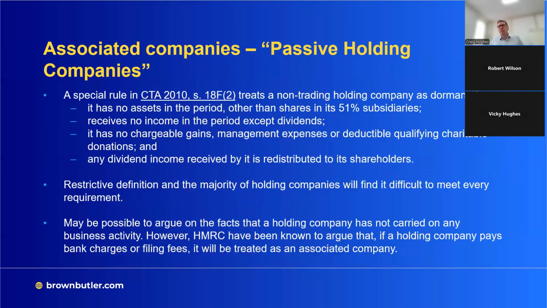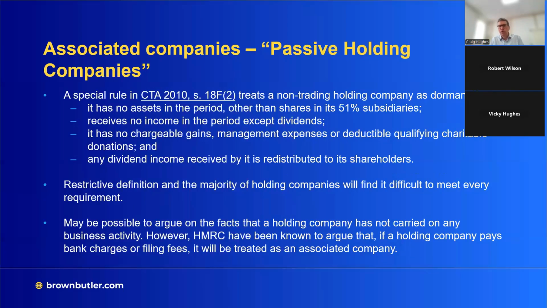We also have this concept of a passive holding company, which can be useful in terms of taking companies outside of that equation of being associated. And this is a special rule in Section 18F of CTA 2010. However, it's quite restrictive in terms of its application.